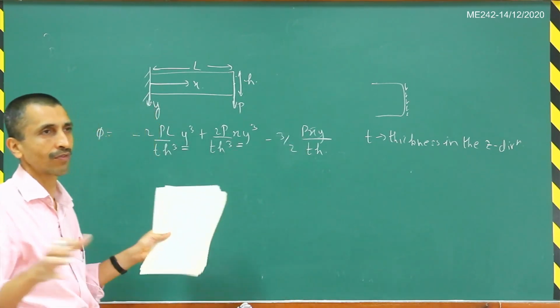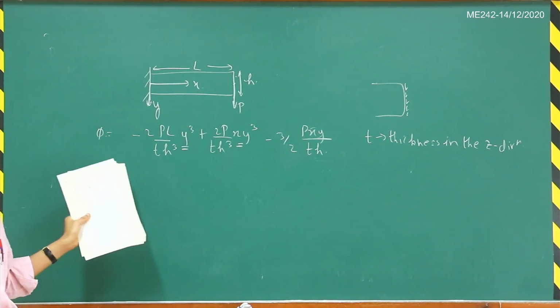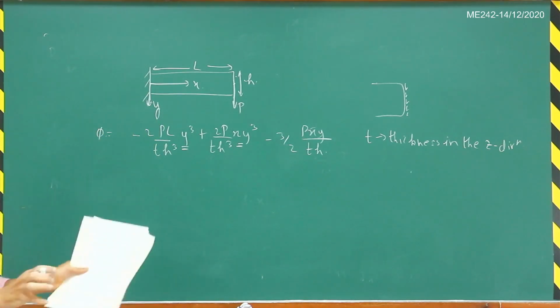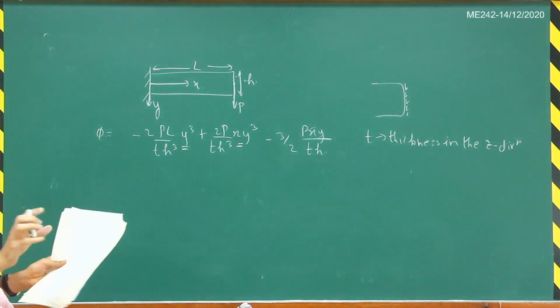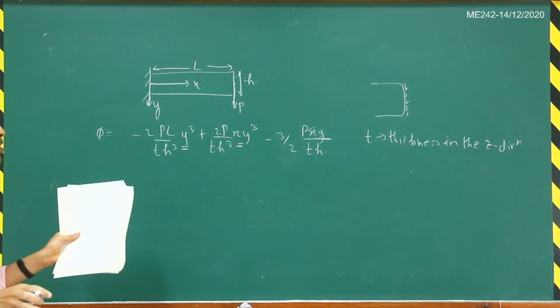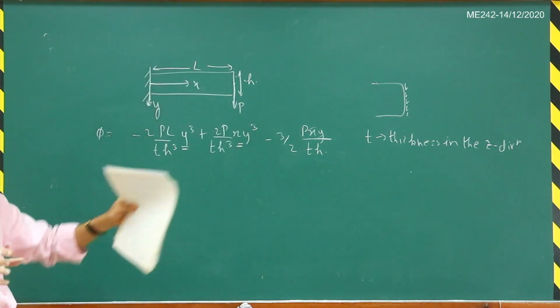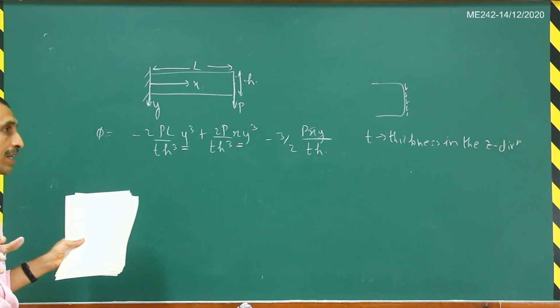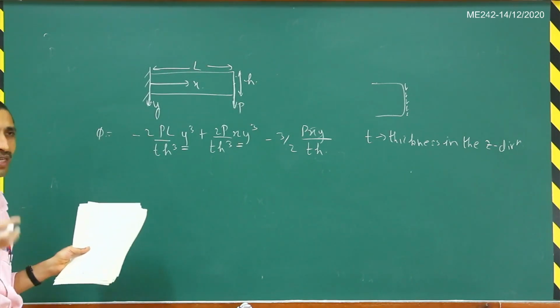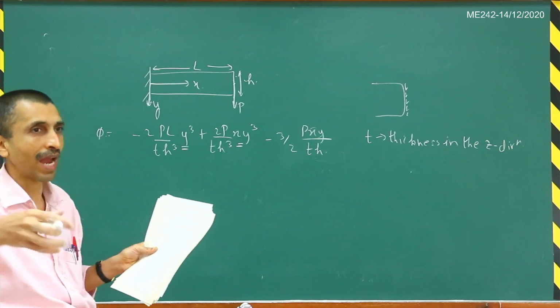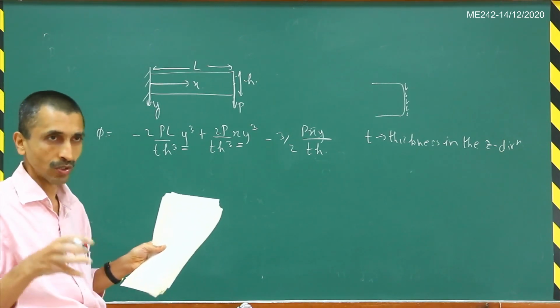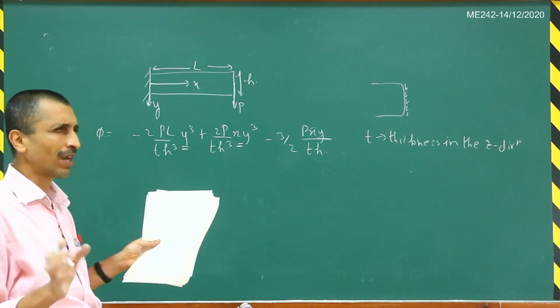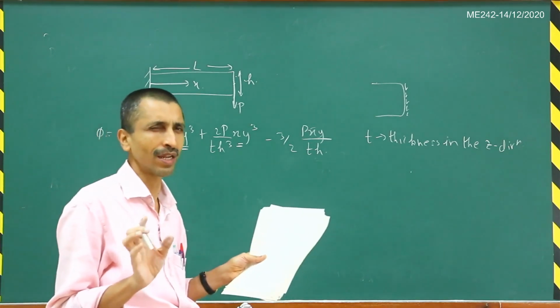I will start with some big set of biharmonic functions, and then keep on trying to adjust the coefficients to see if I can satisfy the boundary conditions. It may happen that the set of biharmonic functions that I have started with is not sufficient, and in that case, I may have to add more and more functions to that set. So it's a bit of a trial and error process.